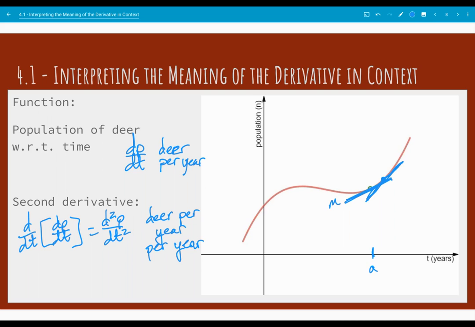So the slope here, which represents how fast the population is changing, is actually increasing, so the population of deer is growing faster from one year to the next. So the second derivative is telling us how fast the first derivative changes, and the first derivative tells us how fast the population changes. So in the context of these problems, the second derivative actually has meaning also.